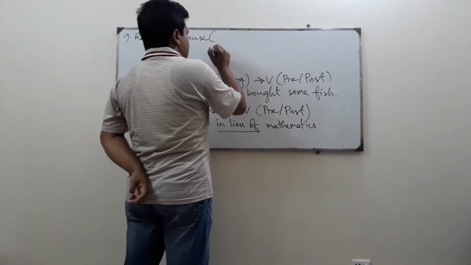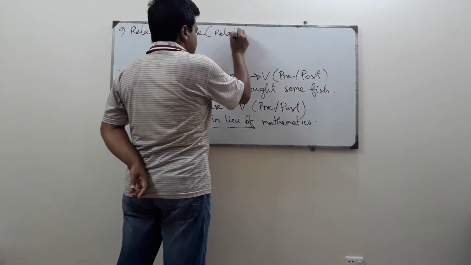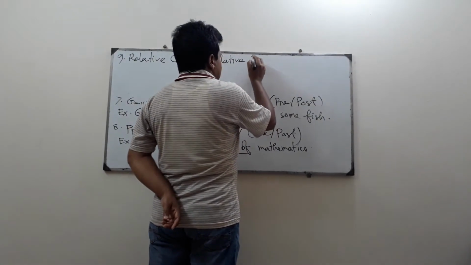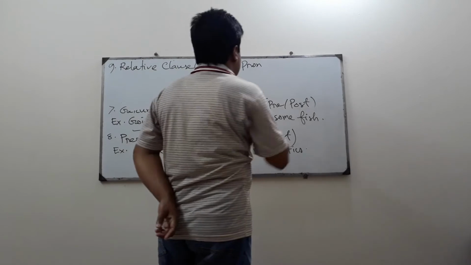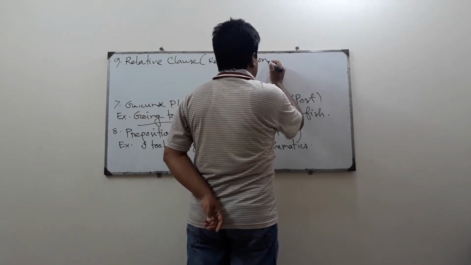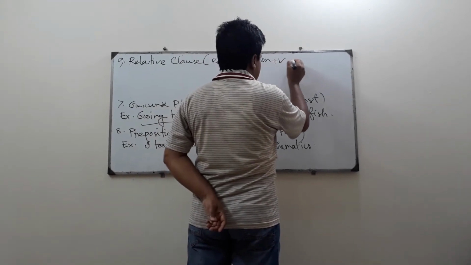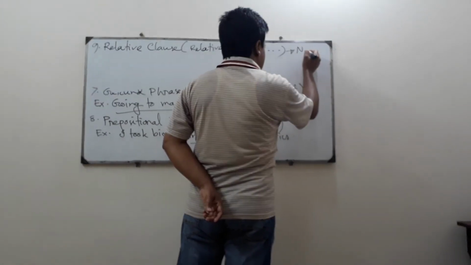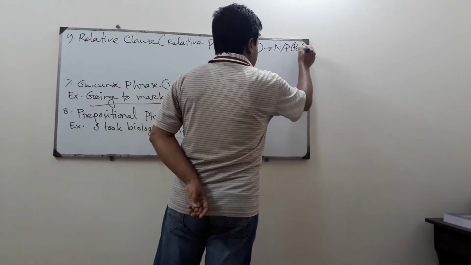A relative clause is a clause which starts with a relative pronoun, a relative pronoun plus verb plus and so on, and it modifies a noun or pronoun and it's usually a post modifier.